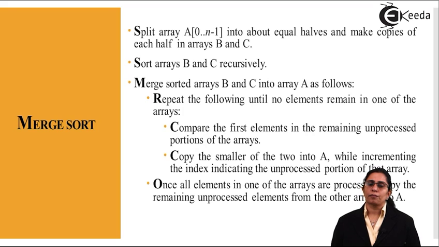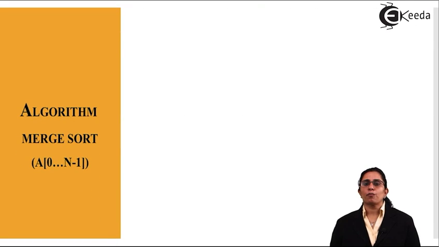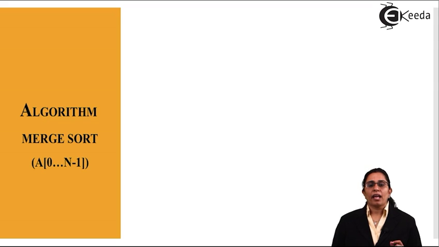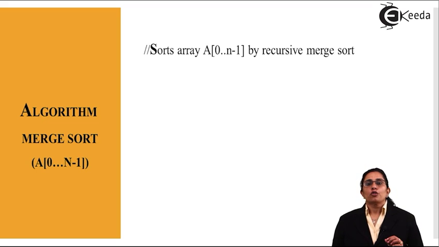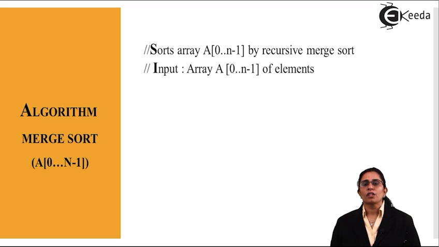Now the algorithm for the merge sort of array A of the size 0 to n-1 follows these particular steps. Sort array A 0 to n-1 by recursive merge sort is my problem statement. What is the input to my array?